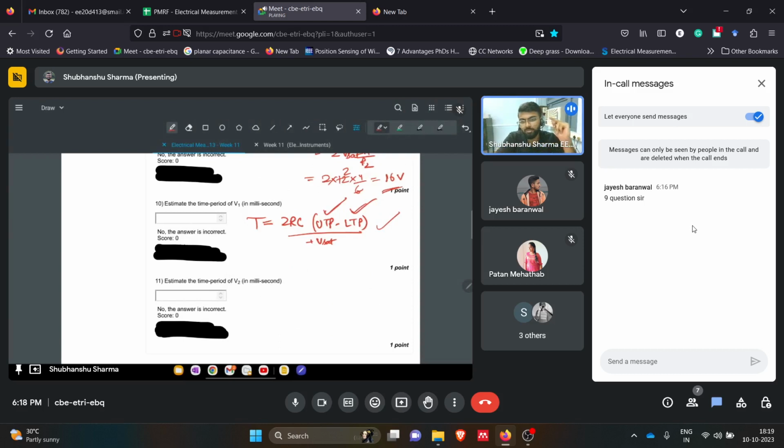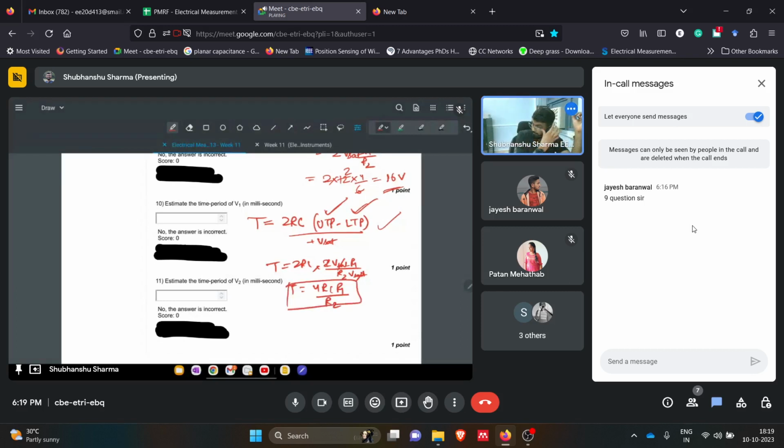So remember the concept of finding the upper and lower threshold. But for this case, the threshold was V saturation R1 by R2, so it is 2 V saturation R1 by R2. We already have the saturation here. 2RC ln of 2 R1 by R2.